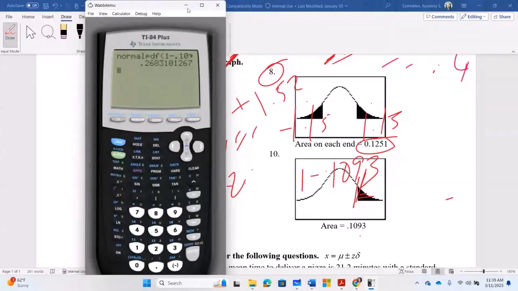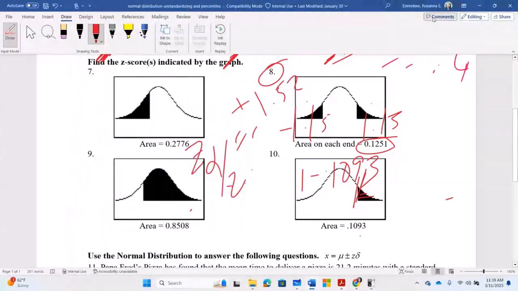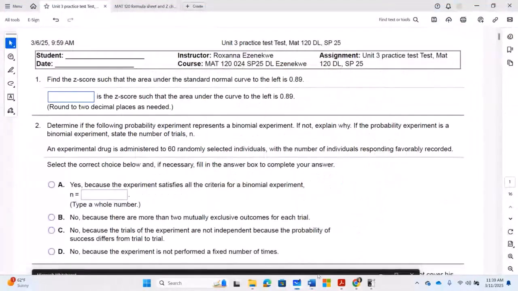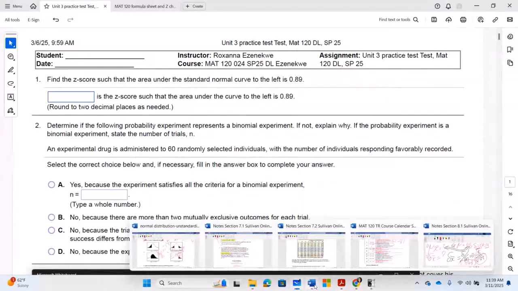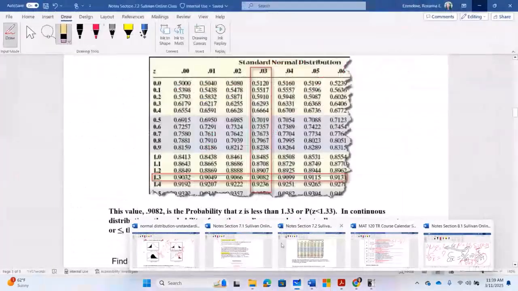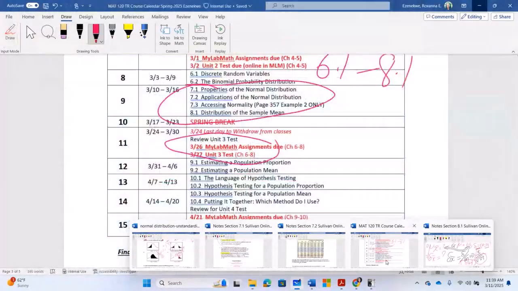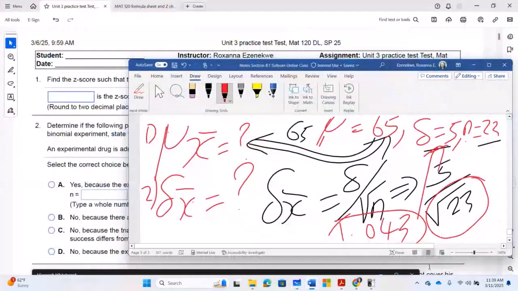Okay, I think enough of this. So let's go to section 8.1. The first thing we're doing in 8.1 is looking at the notes.